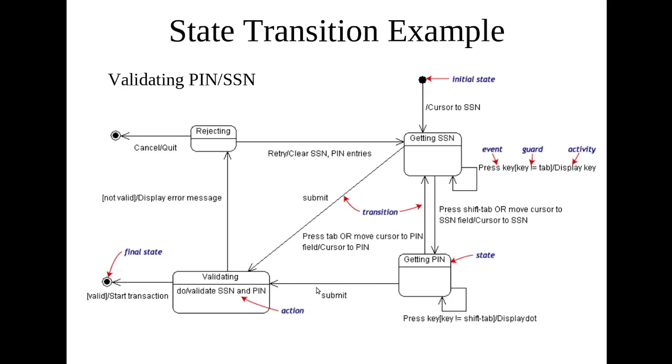On another event, which is submit, either from this state or from this state, we come to another state. In it we validate, and if it is valid we go to a final state and start the transaction. If it is invalid, we come to the rejecting state, where we give an option to retry, or we can cancel or quit also.